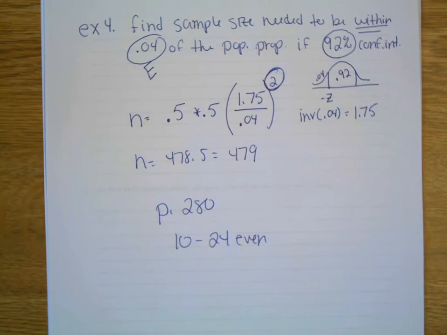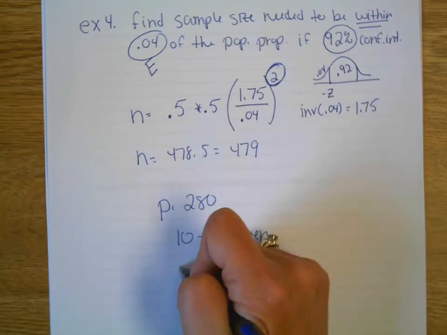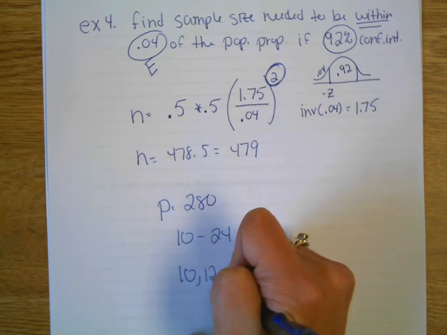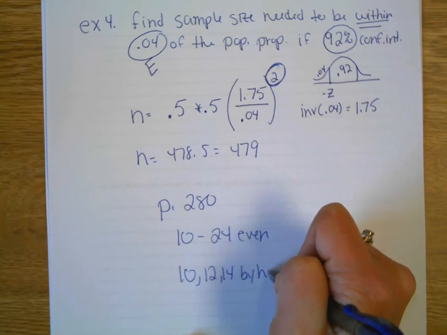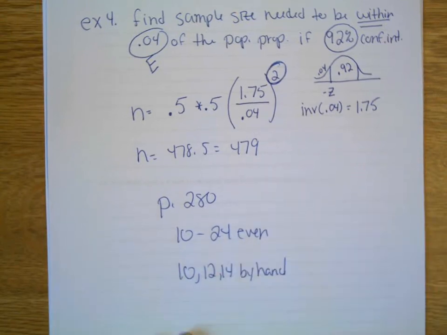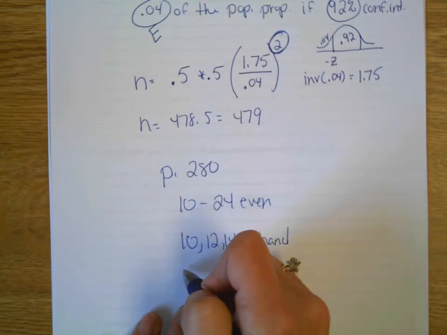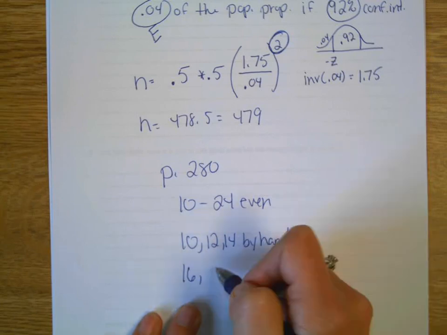That's all sample size. So 1, 2, 3, 4, 5. There's 5. Let's go 3 by hand. 10, 12, and 14 by hand. And then your other confidence intervals are 16 and 22.